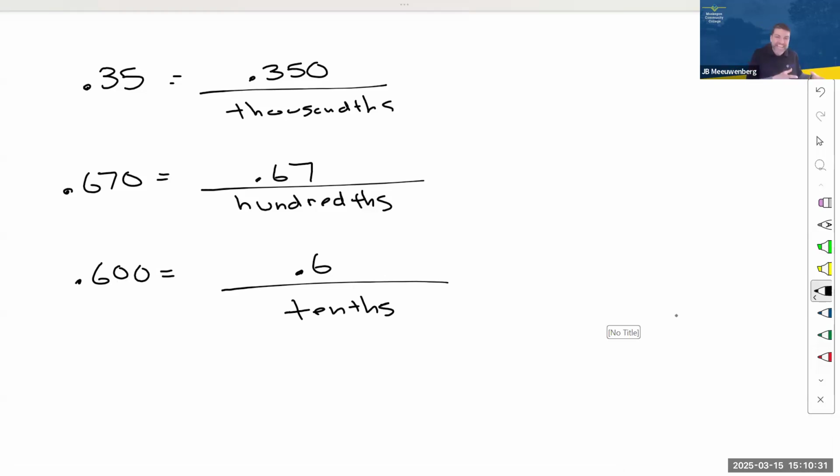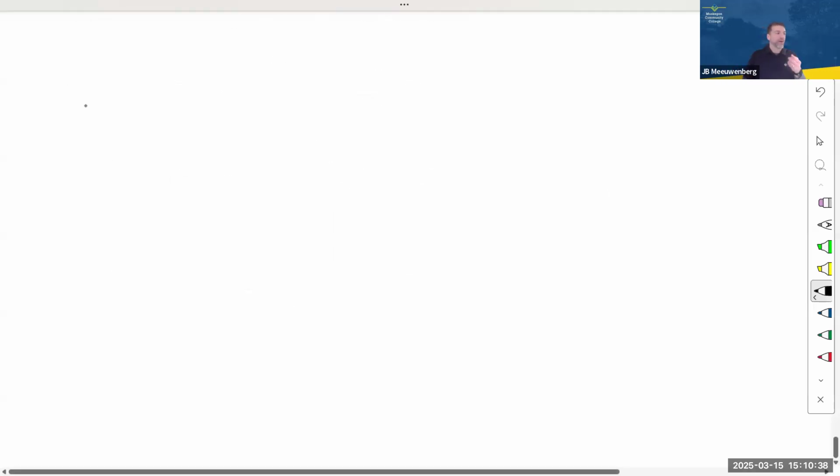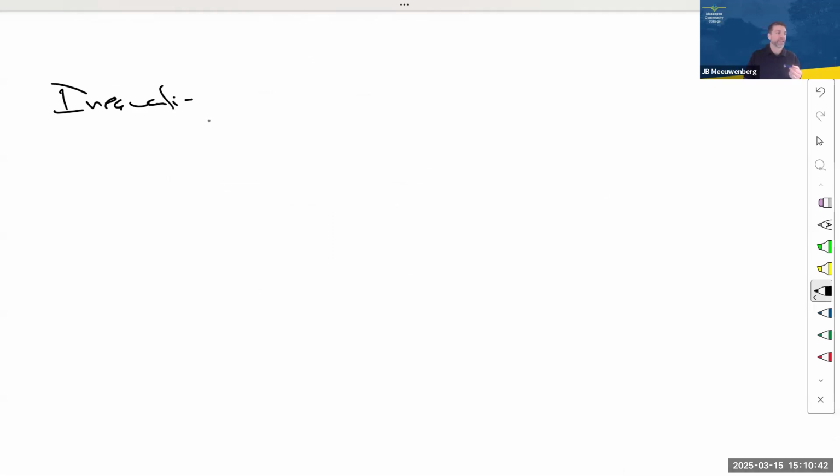So that was the equality of decimals. We also need to examine the inequality of decimals.